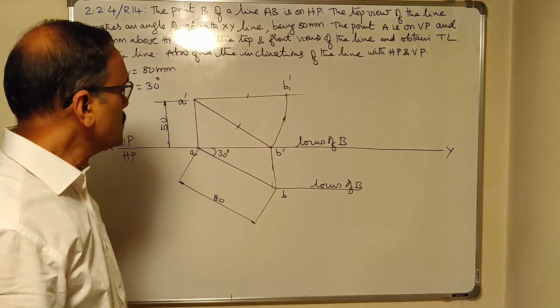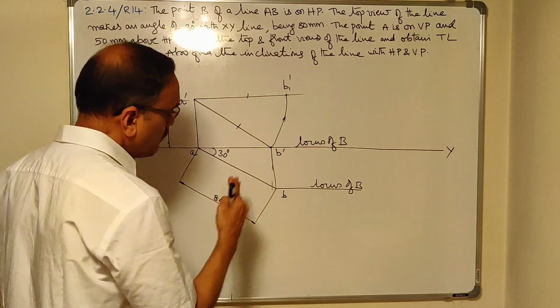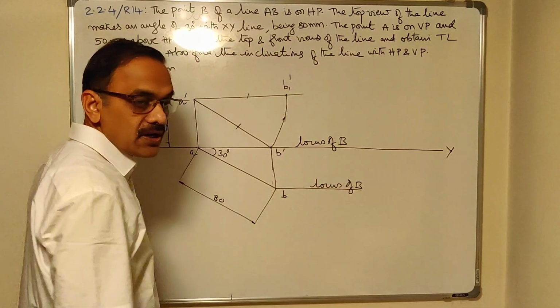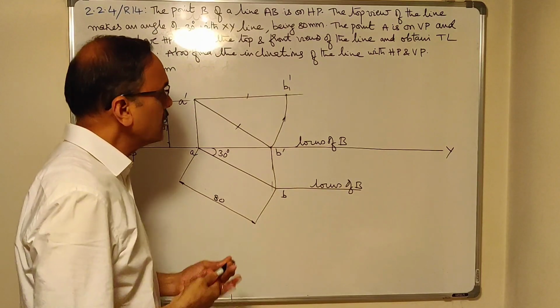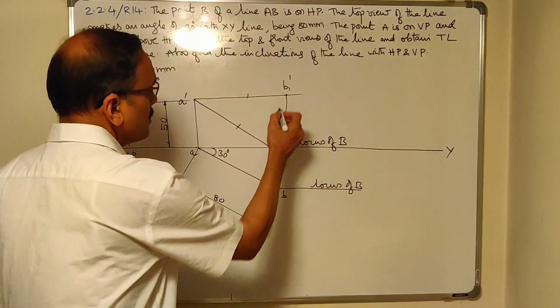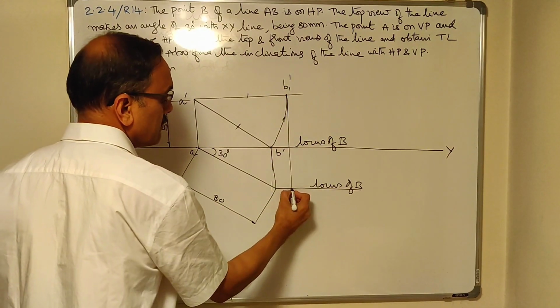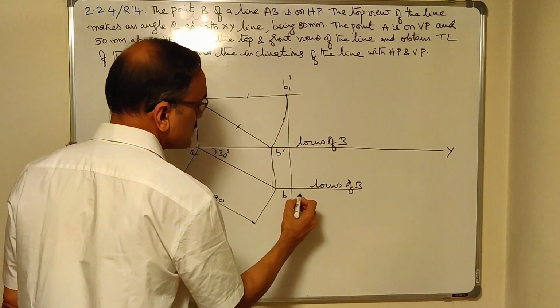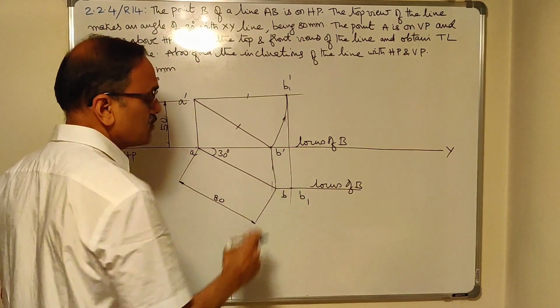So B dash is moved to a new location B1 dash. B also correspondingly moves to a new location and it can move only along the locus of B. So draw a projector from B1 dash onto the locus of B. This is B1 dash, so this should be B1.